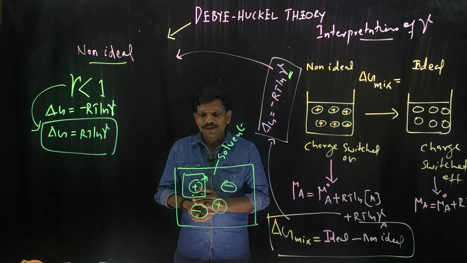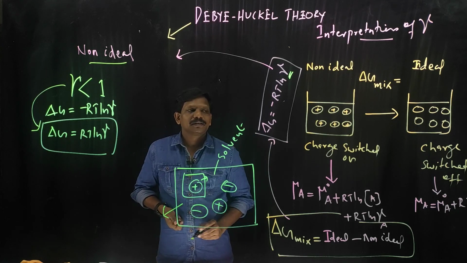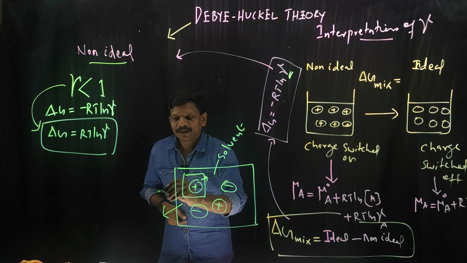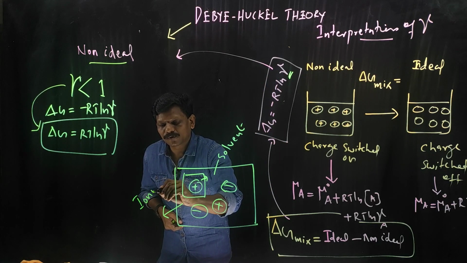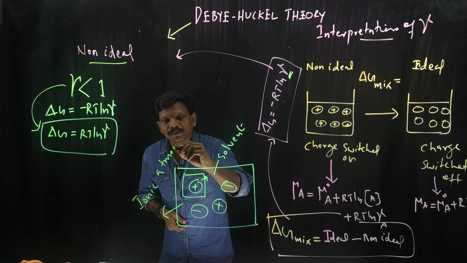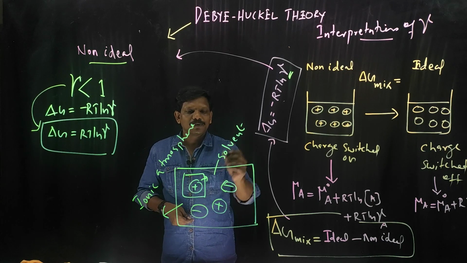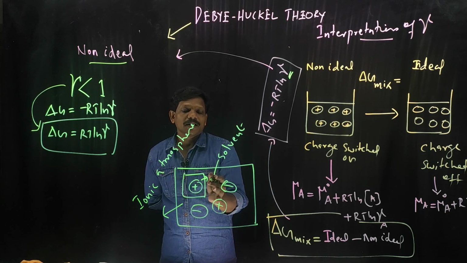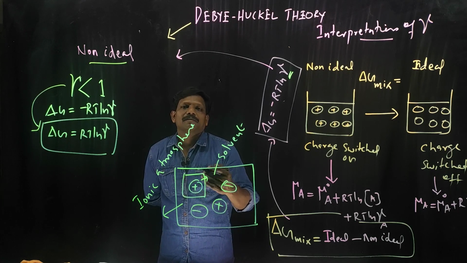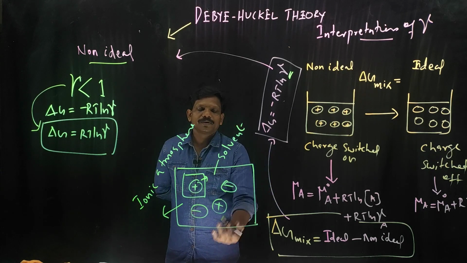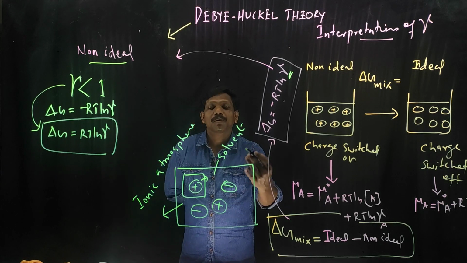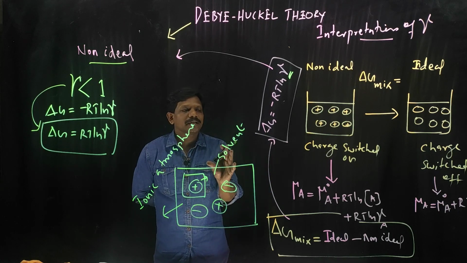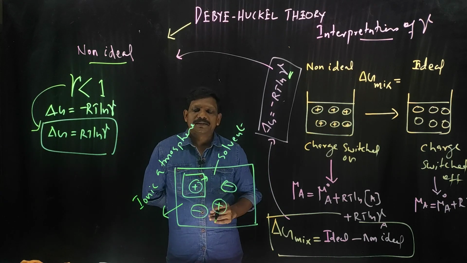So there comes a very important idea to account for the stability of the system, that is the idea of ionic atmosphere. In its travel, the probability of meeting different ions is more compared to like ions. That is one of the reasons for stability of the system, even though the value is like this.